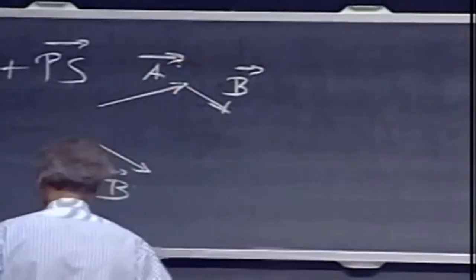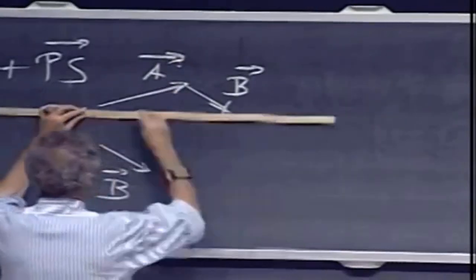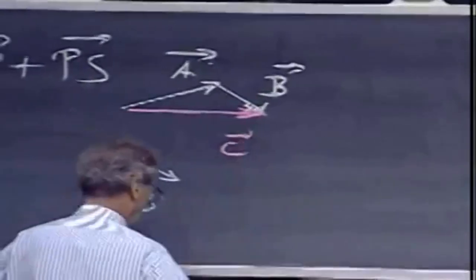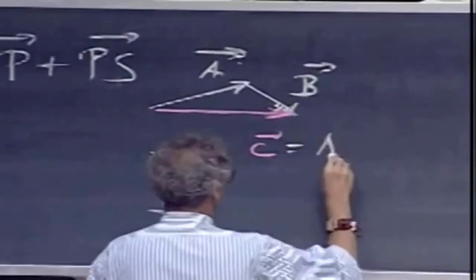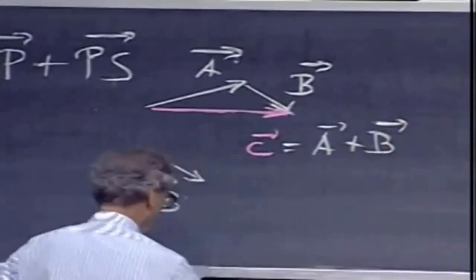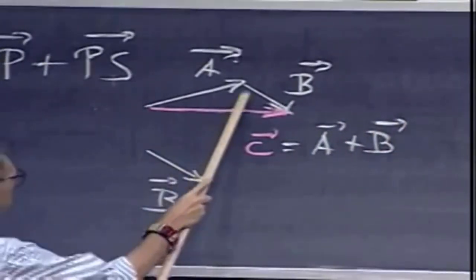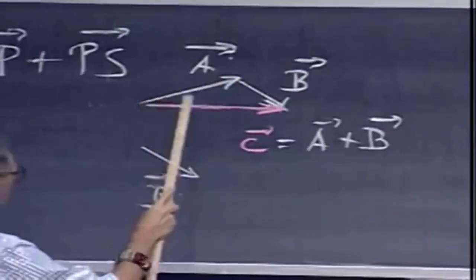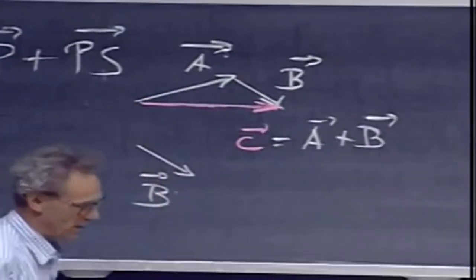And then the net result is A plus B. This vector C equals A plus B. That's one way of doing it. Doesn't matter whether you take the tail of B to the head of A, or whether you take the tail of A and bring it to the head of B. You will get the same result.